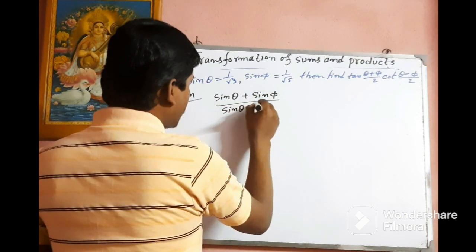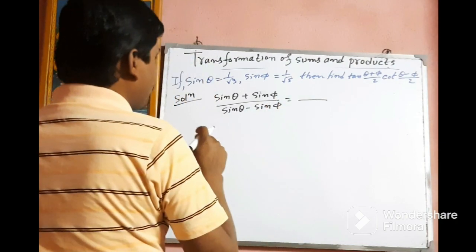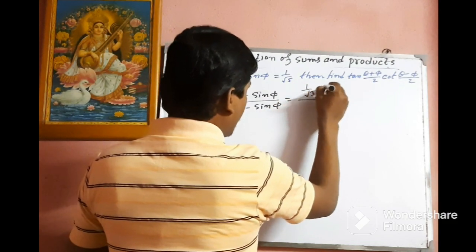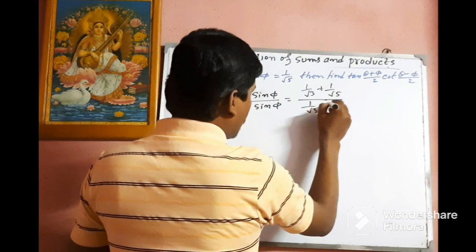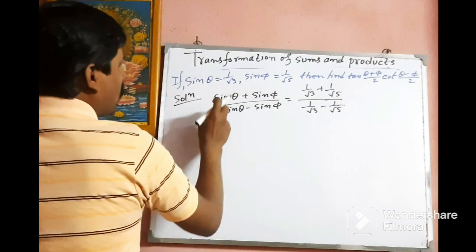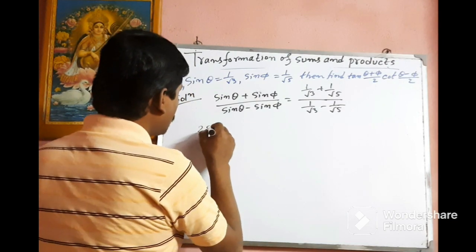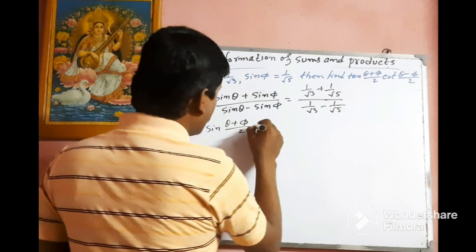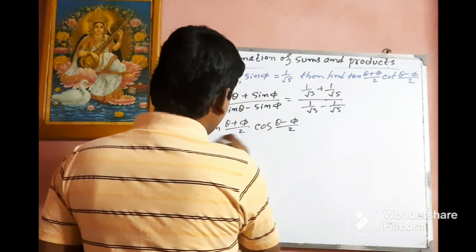divided by sin theta minus sin phi, and putting the values of sin theta plus sin phi, that is 1 by root 3 plus 1 by root 5, and similarly 1 by root 3 minus 1 by root 5. And now applying the formula sin c plus sin d, we get 2 sin (theta plus phi) divided by 2 cos (theta minus phi) divided by 2.